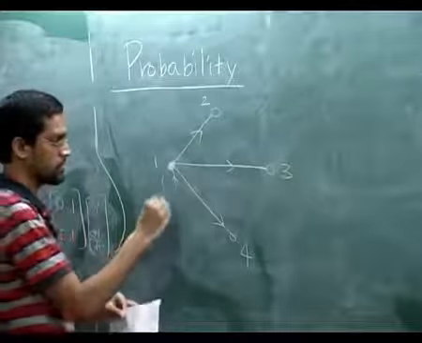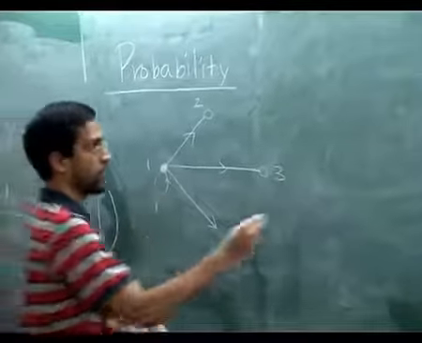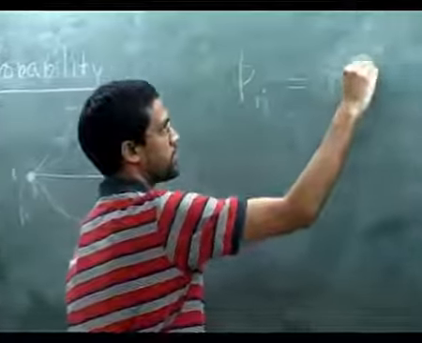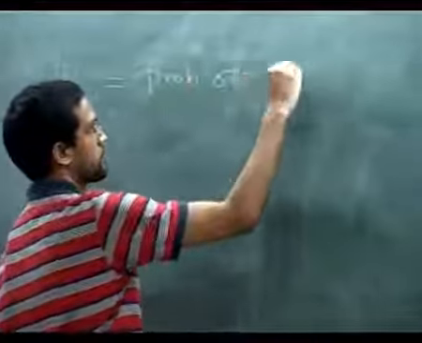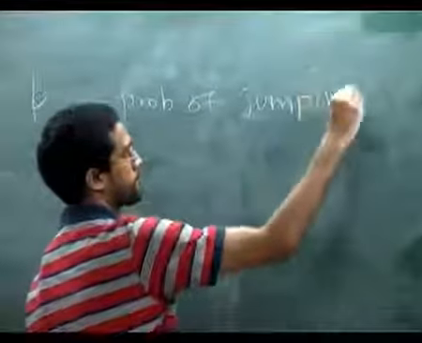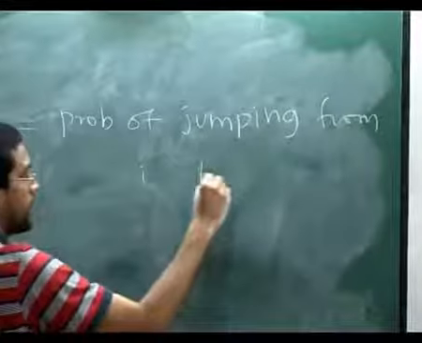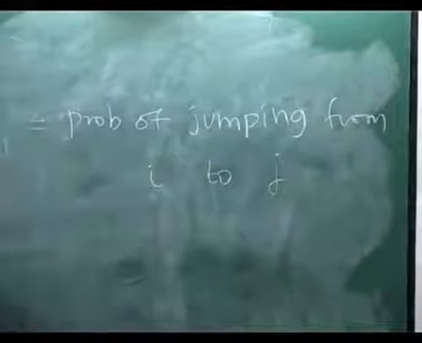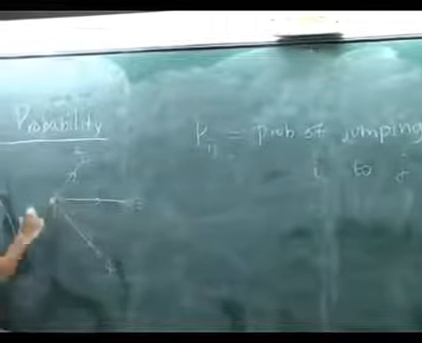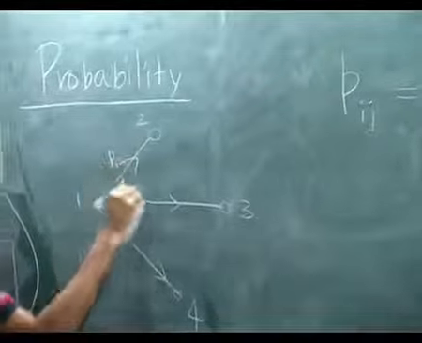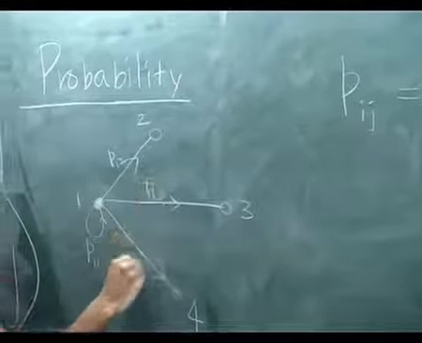Let us say Pij is the probability of jumping from the vertex labeled i to the vertex labeled j. So for example, the probability that it will remain at 1, meaning it will jump from 1 to 1, is what we will call P11. The others have probabilities P12, P13 and P14.